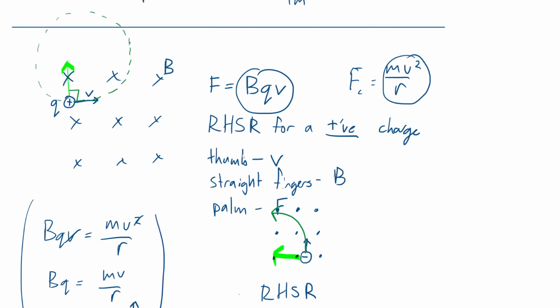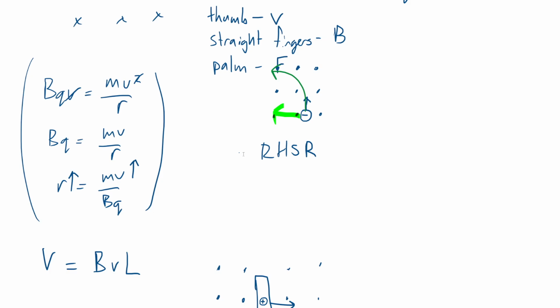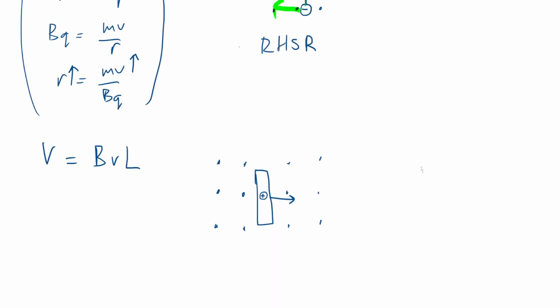That positive charge, like in our example here, when it moves through a magnetic field, it experiences a force. So what's the direction of force on this positive charge? It is moving to the right, so thumb goes to the right, magnetic field is out of the page, fingers come out of the page.